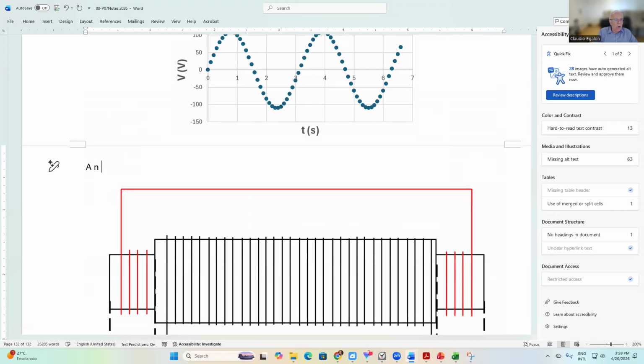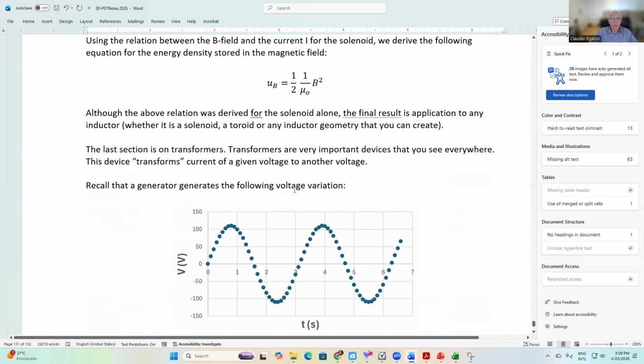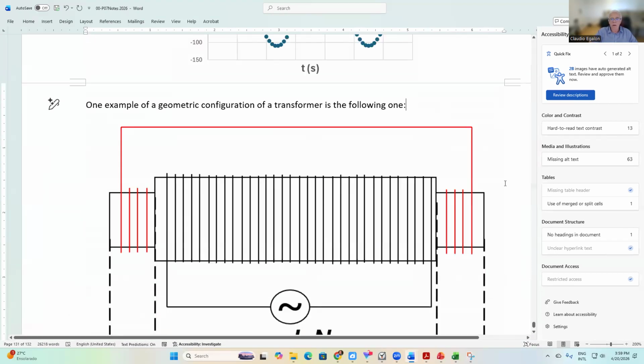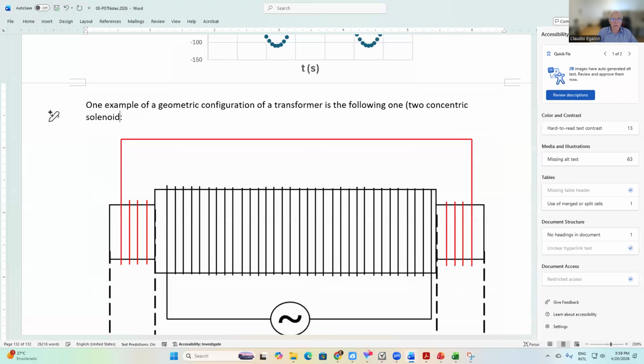An example, one example of a geometric configuration of a transformer is the following one. This one here. Two concentric solenoids.